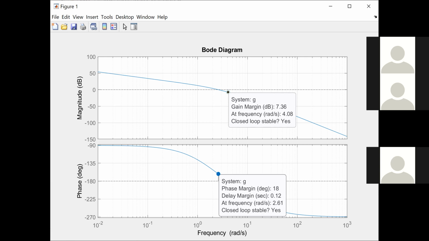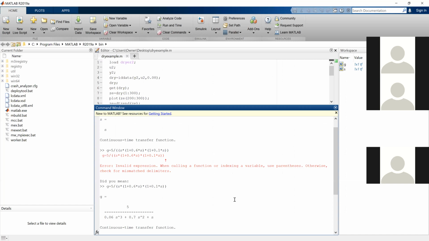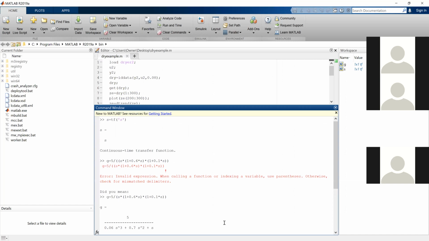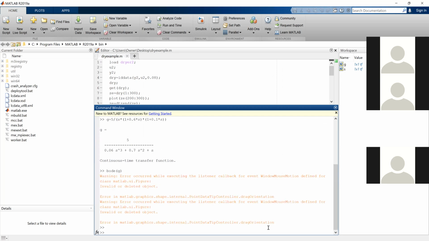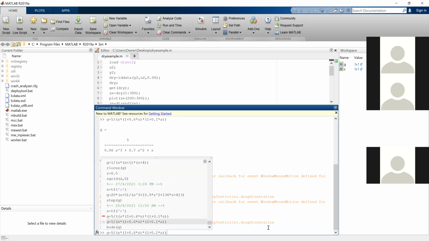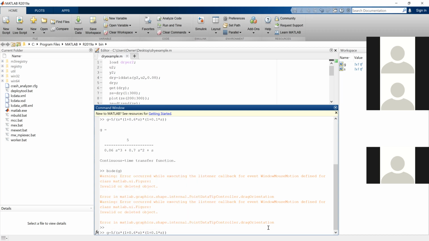Now we go back to our Matlab. We change the gain from 5 to 50, so we adjust the potentiometer to make it 50.